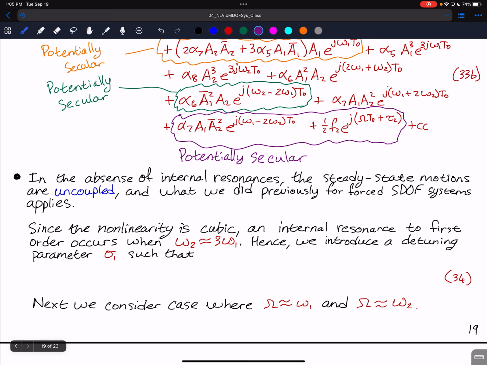In this case, we're going to study this 3-to-1 resonance that we observed previously without the forcing. That's just due to the fact that the nonlinearity here is cubic, so it gives rise to this 3-to-1 internal resonance. And based on that, we're going to introduce the following detuning. And here we're going to use a sigma 1, and we'll end up with a sigma 2 in a moment.